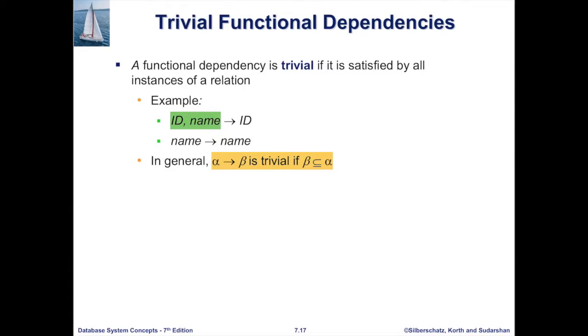There are also different functional dependencies that are trivial. Bakit siya tinawag na trivial? Because lahat ng relation, regardless kung ano yung format nila or ano yung mga attributes nila, totoo yung functional dependency na yun.